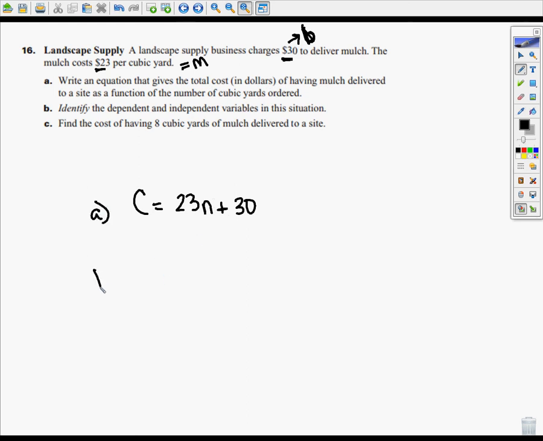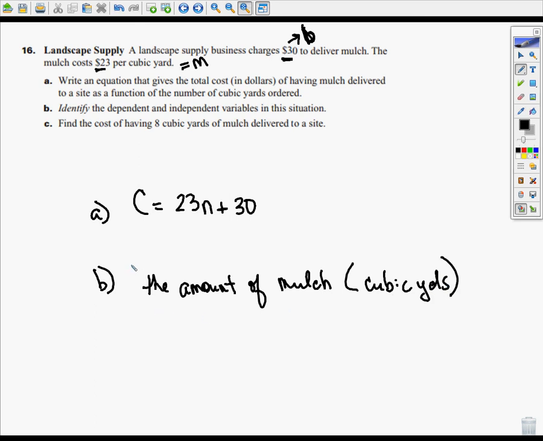So here's part A. Part B, they want the independent and the dependent variables. Remember, the independent one is the one that we get to choose. So we're choosing how many yards of mulch we decide to get. So the independent variable is the amount of mulch, and this is in cubic yards.